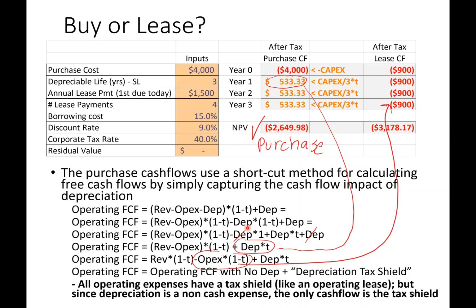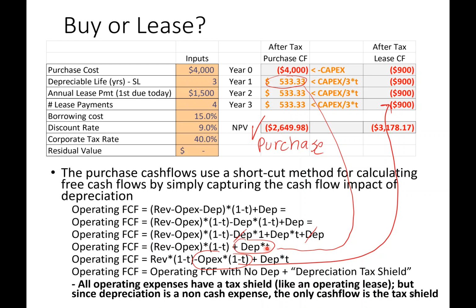Now I can distribute the depreciation into the 1 minus tax, so I can rewrite this section as depreciation plus depreciation times tax. Notice I have minus depreciation and plus depreciation, so I can cancel those out. So operational free cash flows, the ones excluding working capital and CapEx, are going to be my EBITDA after tax plus depreciation times tax.